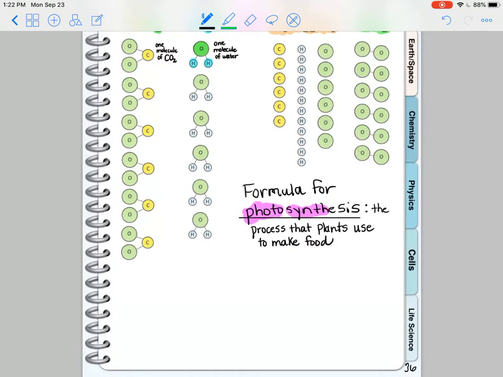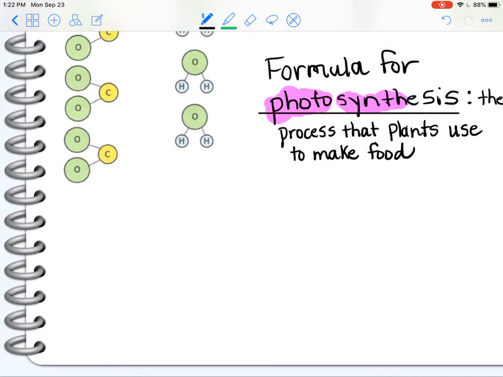Okay, there's one other thing that I want to remind you of. Remember, with the law of conservation, we said that matter is neither created nor destroyed. That was one of your terms.